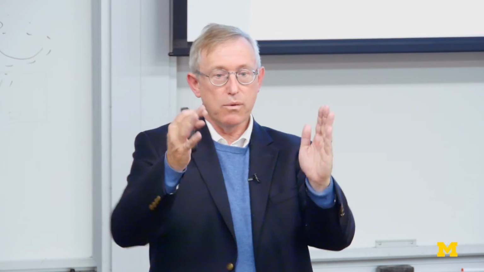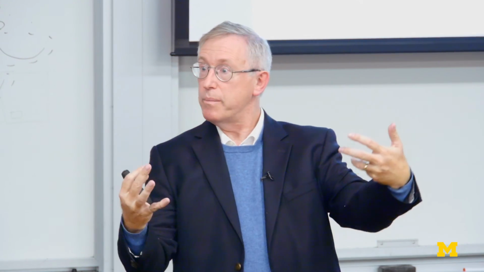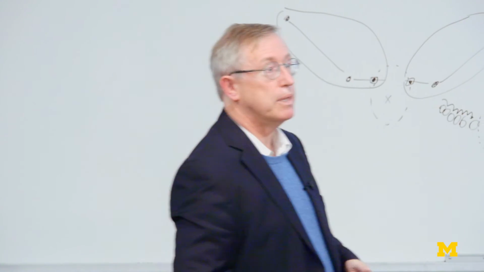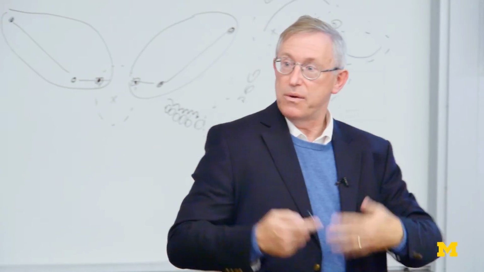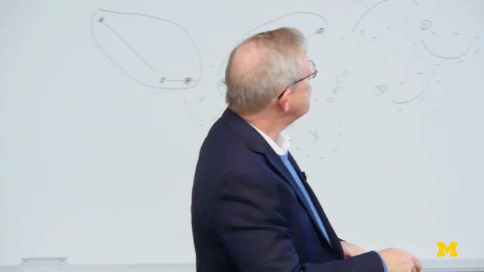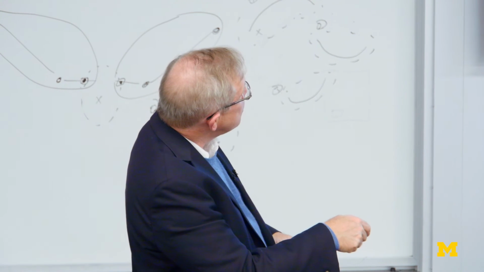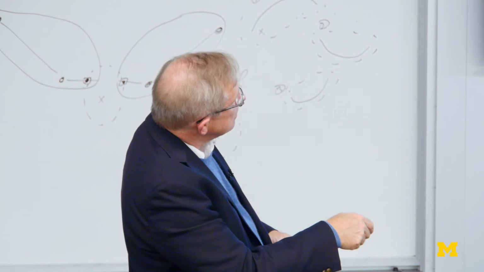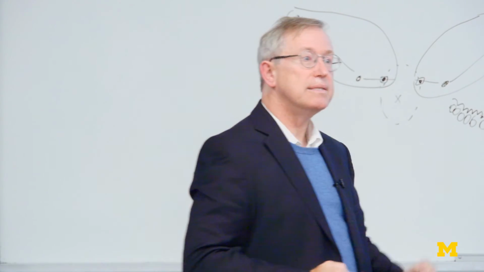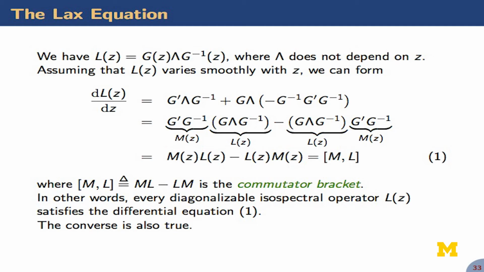If such a matrix is diagonalizable, then there will always be this constant diagonal in the middle and an evolving similarity transformation. So we call such a family of matrices an isospectral family. And in operator theoretic terms, there's also an isospectral family of linear operators. So L of z, this matrix, is always similar to this diagonal in the middle over here. So it's that diagonal that is the invariant. This is where we're going to try to encode information.